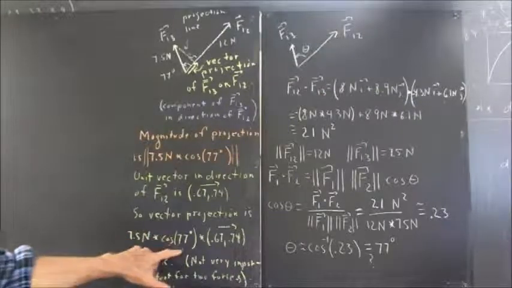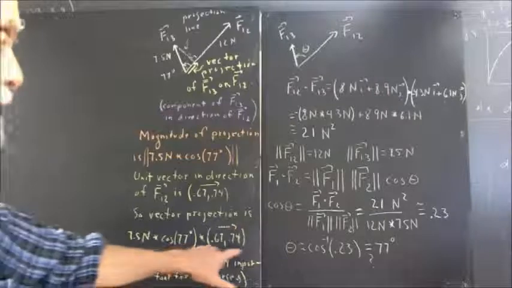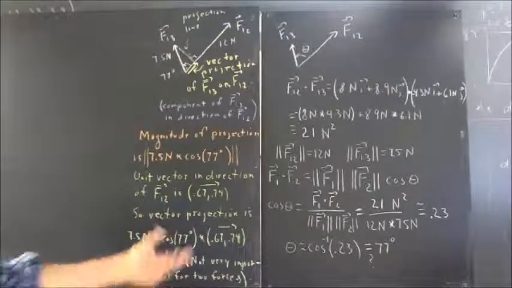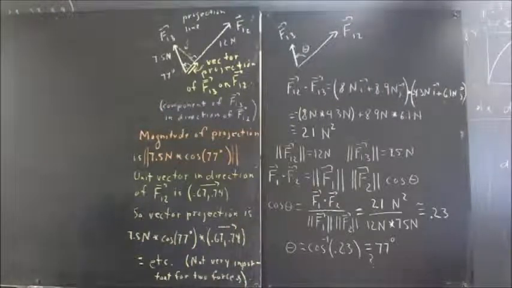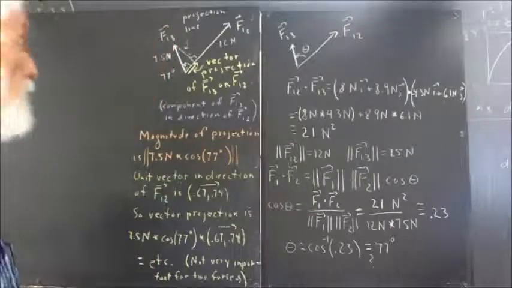And the magnitude, of course, is this. We multiply that by the vector and so forth. Okay? So that's one way to calculate this.